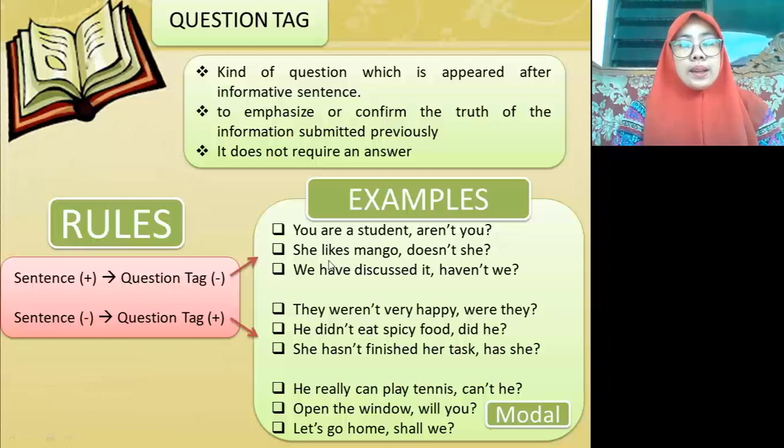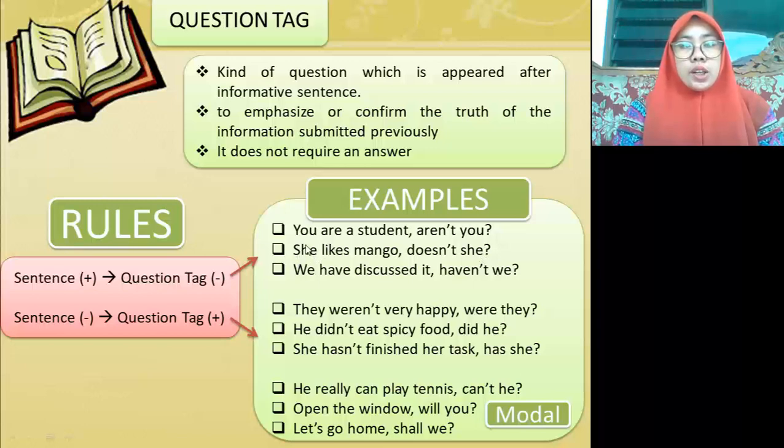The verb is likes, and because the subject is she, the auxiliary is does. Because this sentence is positive, your question tag must be negative. She likes mango, positive. Doesn't she? Negative.